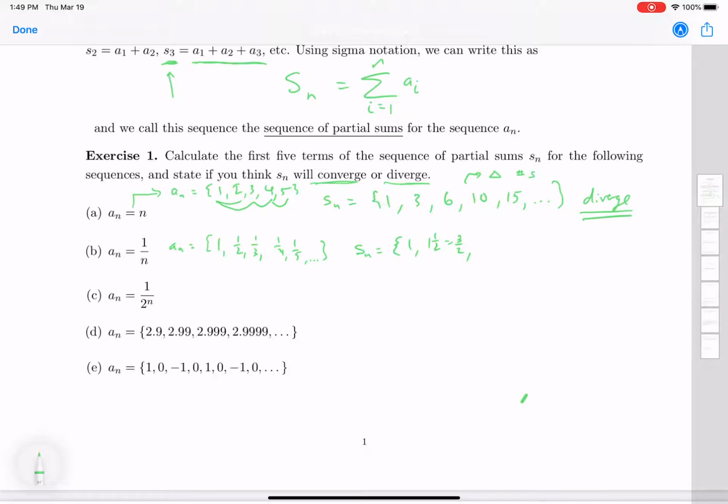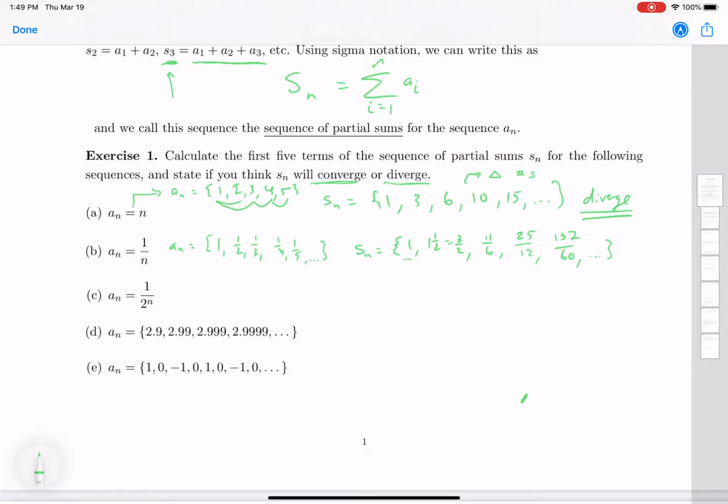When I add 1/3 to that, I've got to get common denominators, and it comes out to be 11/6. Then next I get 25 over 12, and then 137 over 60.